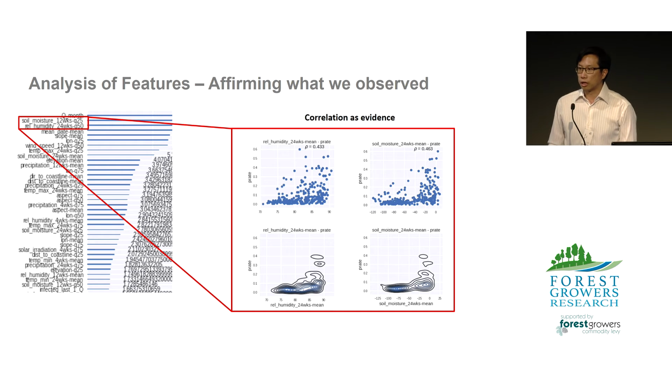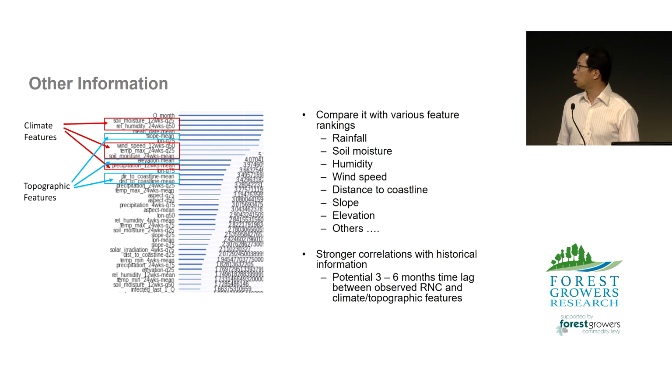So our feature analysis exercise affirms some of the field observations that we observed previously, such as moisture playing a key role in driving RNC. But not only that, we also managed to identify interesting climatic and topographic features that show signs of contributing to driving RNC.